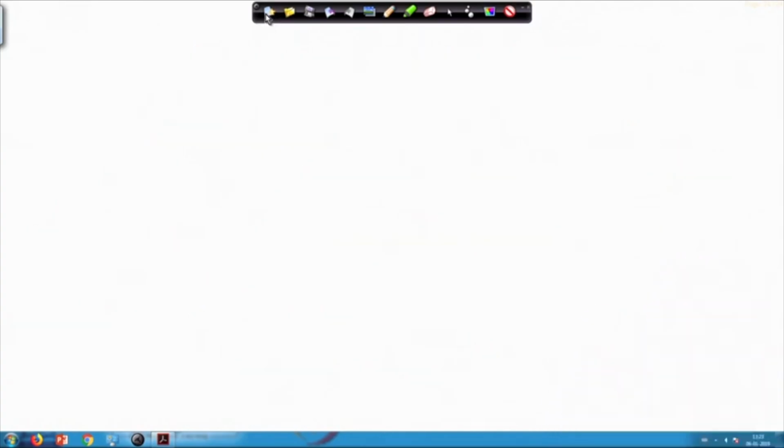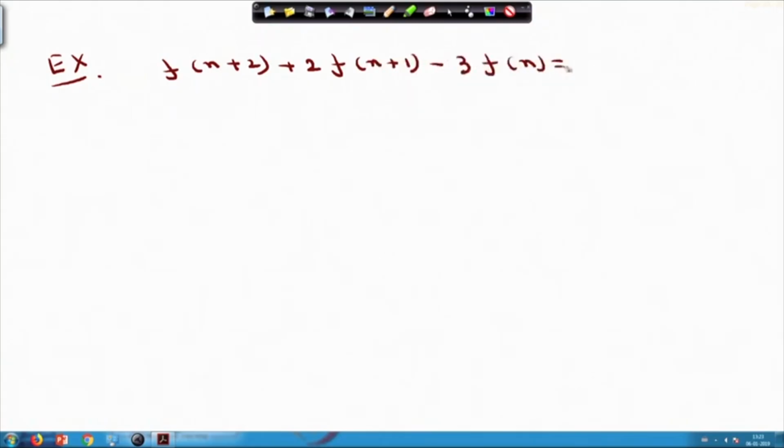Let us take some other type of example again. It is given that f of n plus 2 plus twice f of n plus 1 minus 3 f n equals 0. This equation is given.